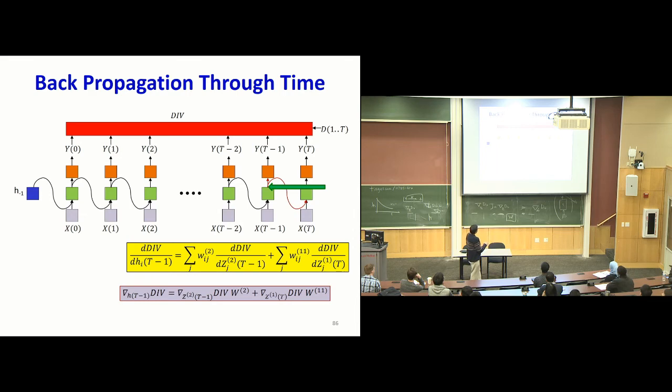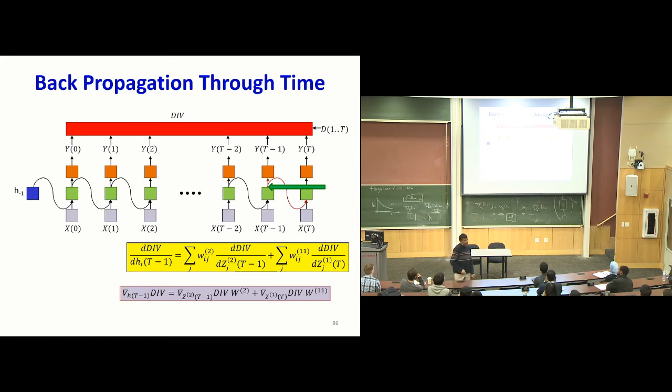The first is the path that comes right here, down here, which is the derivative at z at t minus 1 times this weight, plus the derivative out here, with respect to z1 at t, times this weight. You see these two paths coming in, right? So that's the first change that happened.